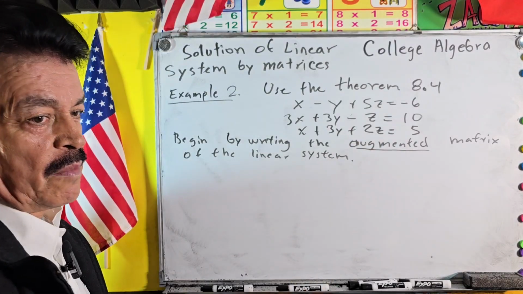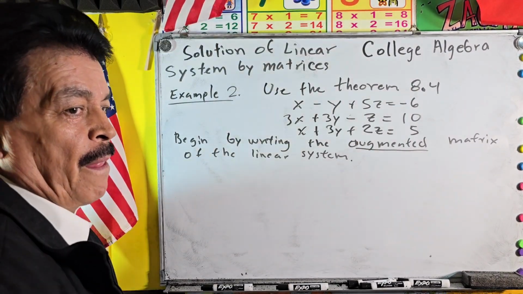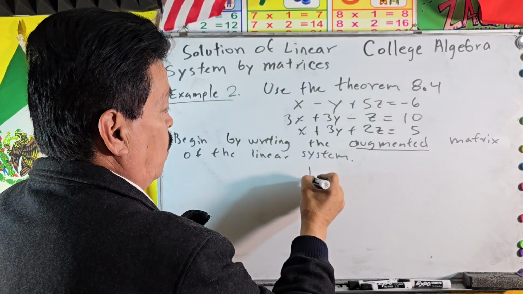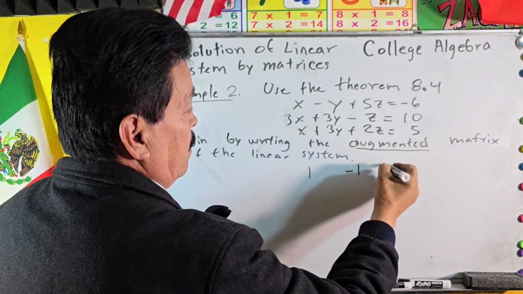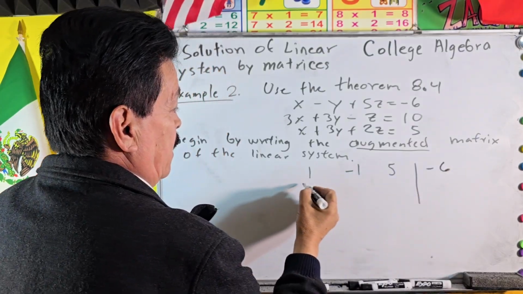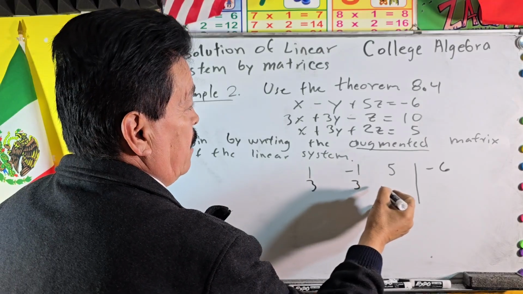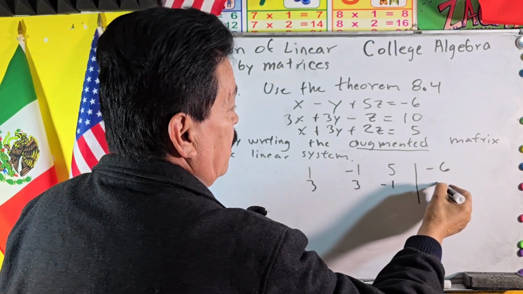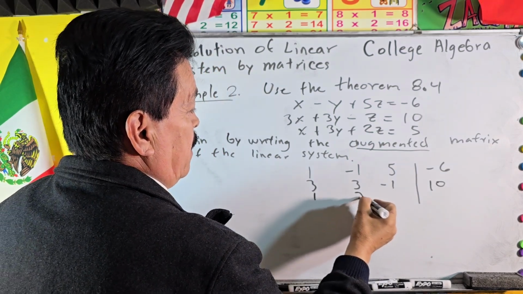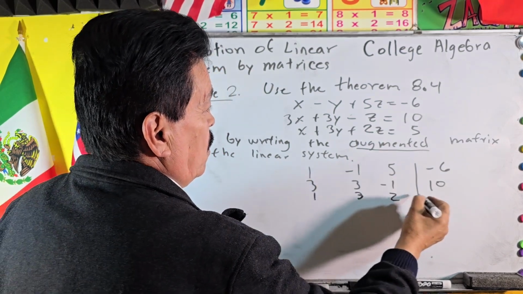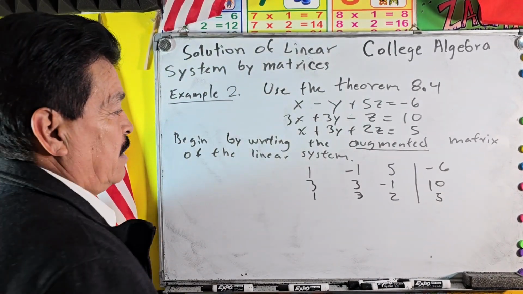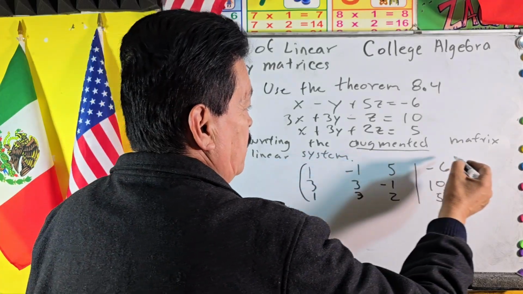This is very important. So you have that information there. It will be in this way. Look at this: 1, -1, 5, and -6, and then 3, 3, -1 and 10, right? And then 1, 3, 2, and 5, right? This is the augmented matrix.